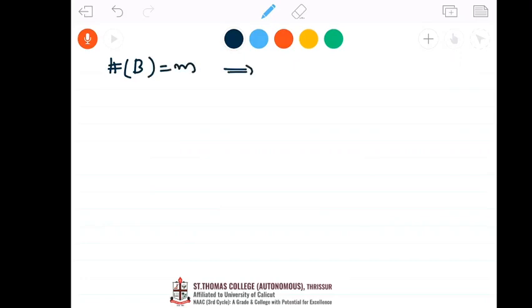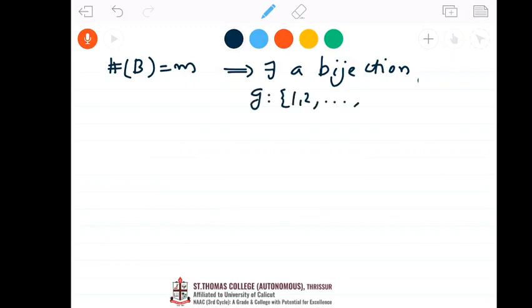This means there exists a bijection, I will call it g. g is from where to where? g is from 1 to m to B. Okay, and we know that A intersection B is empty. There are no common elements for A and B. All the elements are distinct.